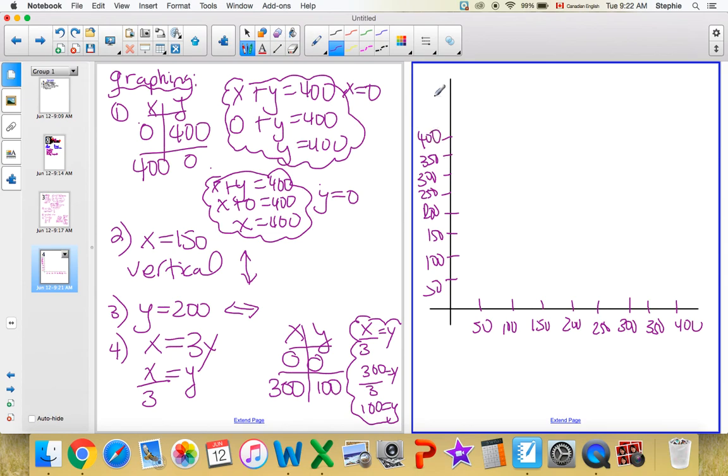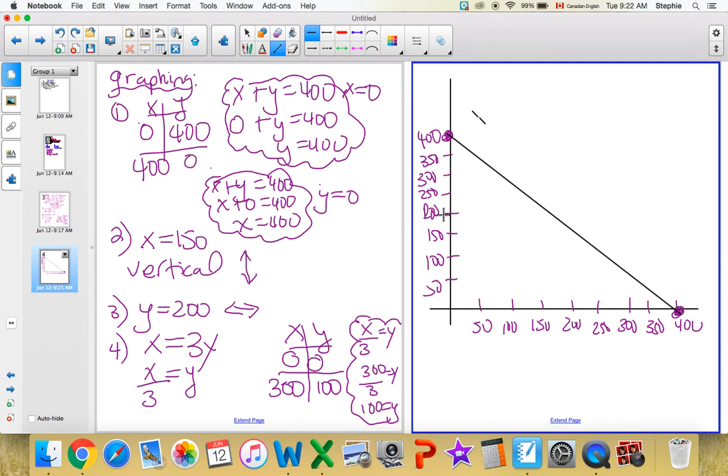Okay, so my first line, I'm going to place it at 0, 400. So I go to 0, 400, I put the point, and I put the other one at 400, 0, and I make myself a line. Oops. Why is my dot moving? Having issues here.